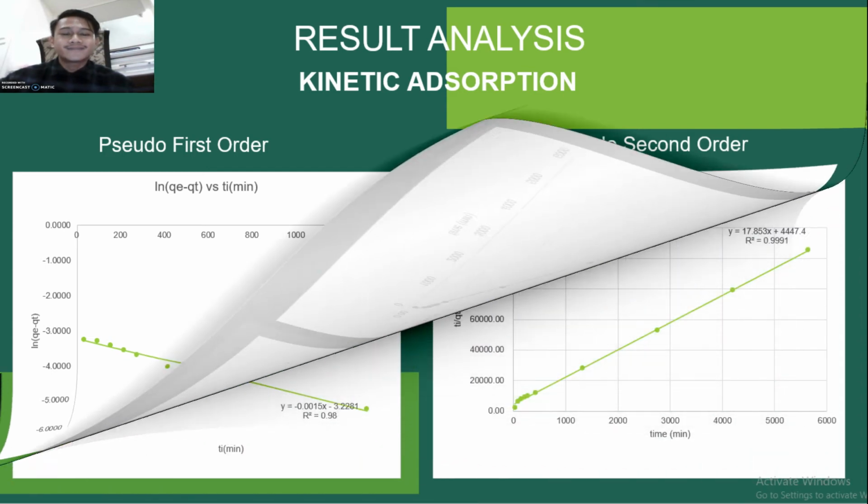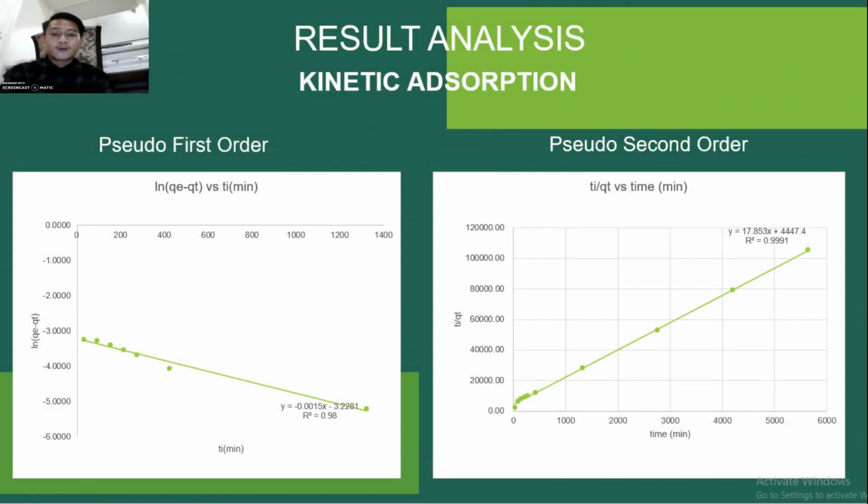0.98. So next, from the pseudo second order graph, the y-intercept for the line is 4448.47, which is equivalent to 1 over K2 Qe2. Solving the y-intercept helps identify the maximum adsorption capacity, K2 Qe2 for this study, which is 2.244.